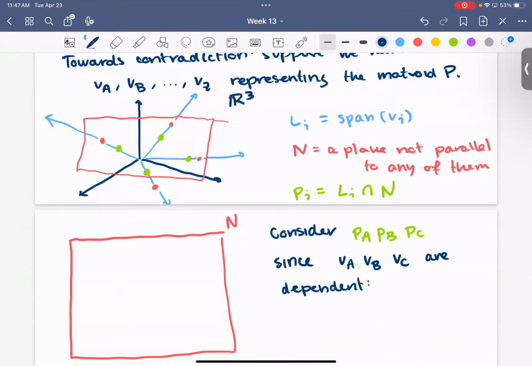PA, PB, and PC look like this, and they lie on a line. Here I'm trying to draw the R3 picture. Here are the lines. This is the origin. There are the lines shooting out, and inside this plane, we see that PA, PB, and PC lie on a line in N. Does that make sense?